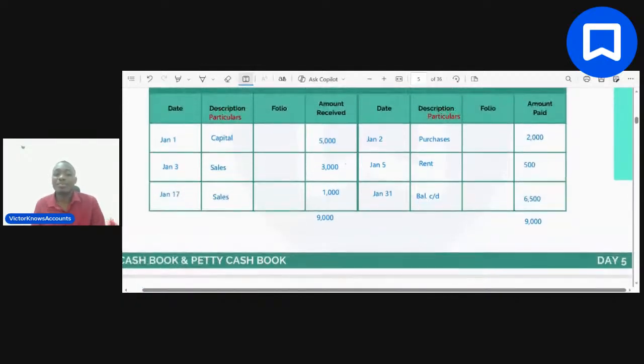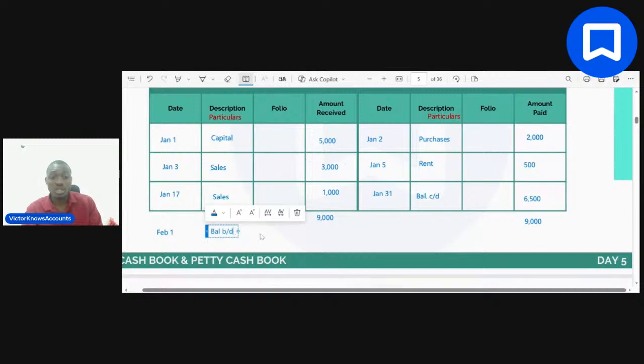Now of course at February 1st, if you come somewhere here, you are going to have something like February 1, then this is balance carry down. Now that balance carry down from last period is going to be brought forward to the current month. So here we are going to have balance brought down or balance brought forward.